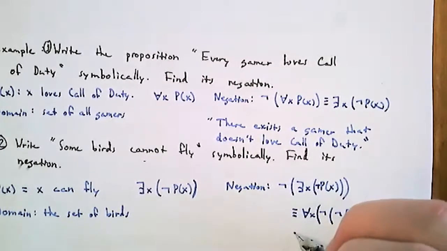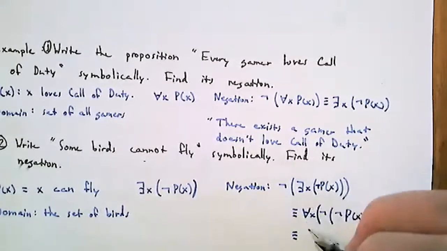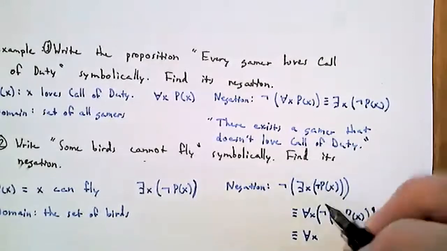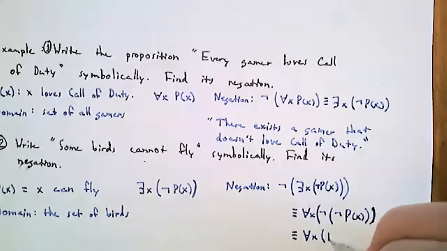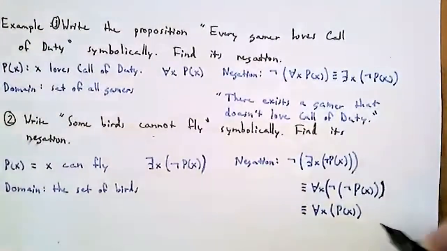Just like when you have two negatives in math, two negations cancel. So we're actually saying for all x, P of x is true. Good. So that's how that simplifies.